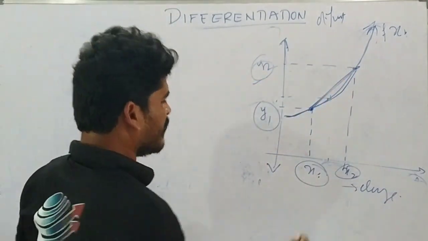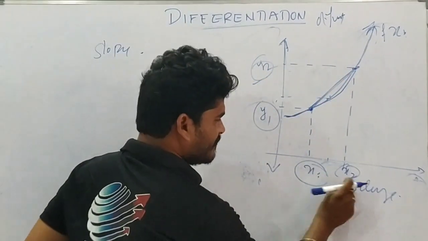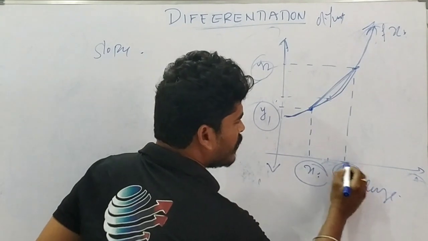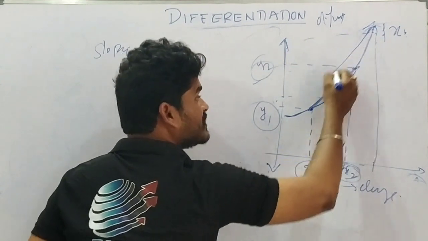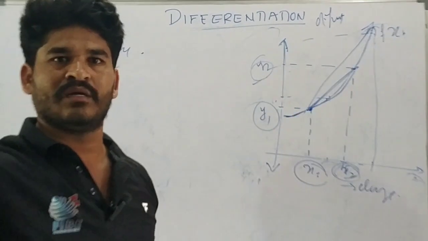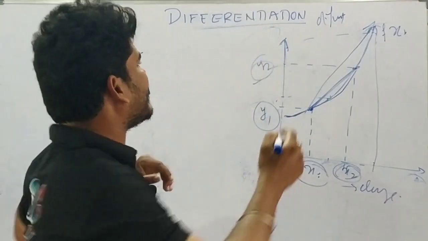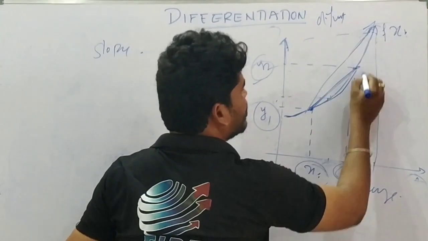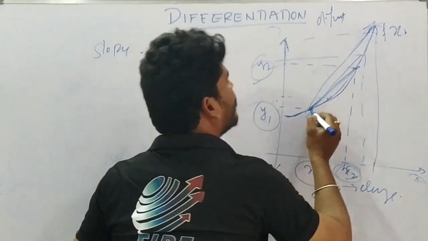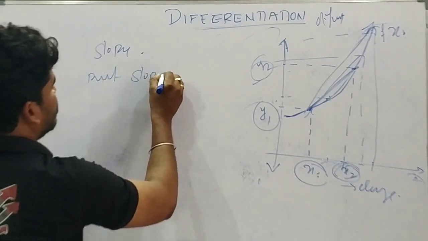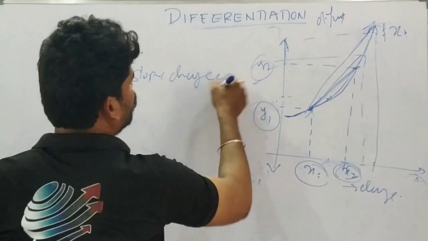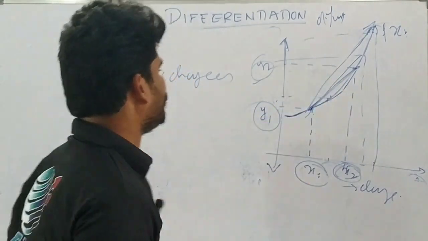Whenever we change this x, automatically this slope also changes. Do you understand? The slope also automatically changes here. Permanently the slope is changing in this diagram.